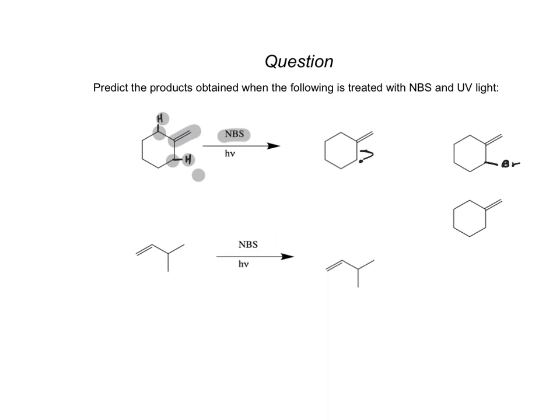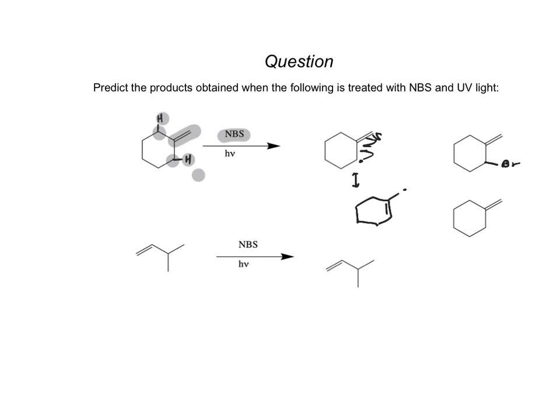Instead, we can draw a resonance structure for this using our single-headed arrows. That's super ugly. But essentially the resonance structure will look something like this: we have a double bond here, and the radical is out here.